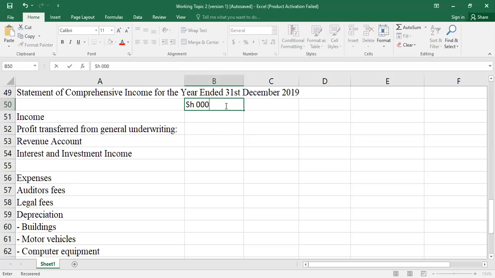This is in thousands. Are we there, guys? So this is how our statement of comprehensive income for White Shield General Insurance Company will look.